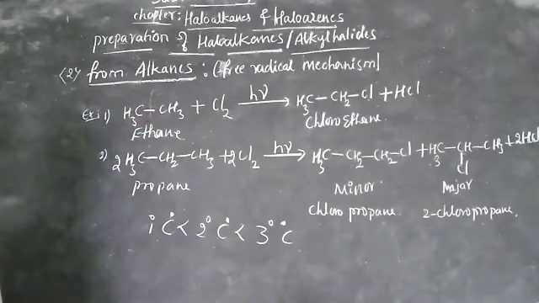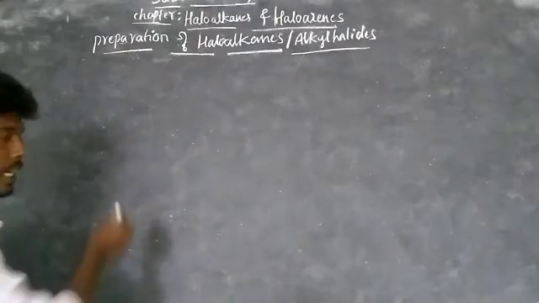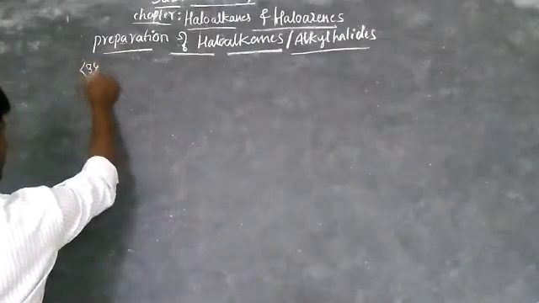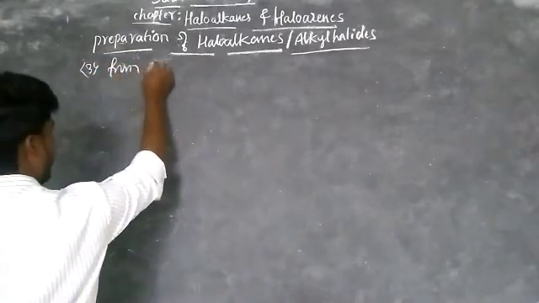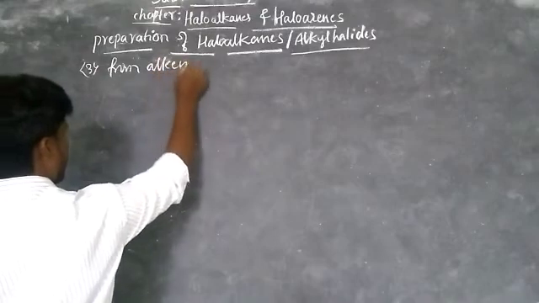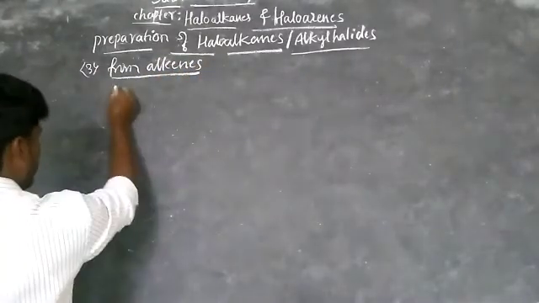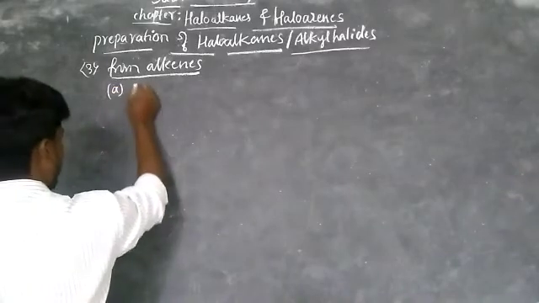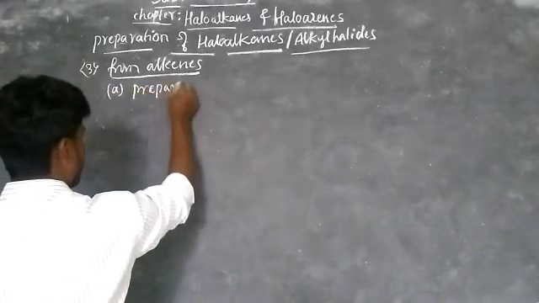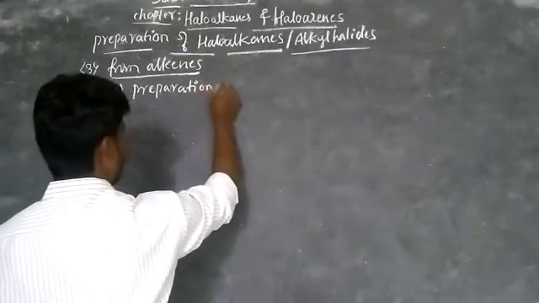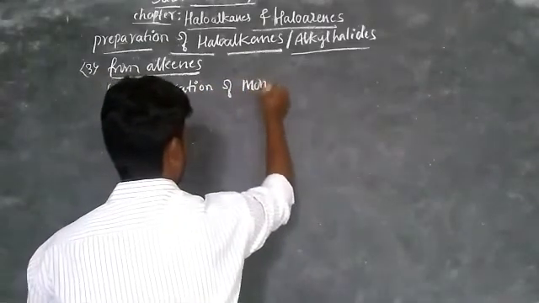The third method is from alkenes. Under that, this is the preparation of monohaloalkanes.